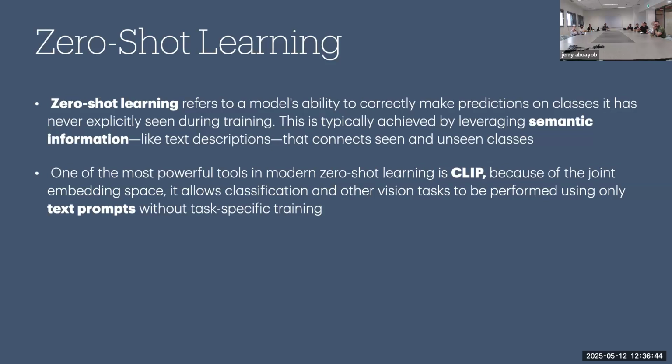Okay, so in zero-shot learning, we attempt to solve a task without the presence of any training examples for that task, but we need to leverage some sort of pre-trained encoder.